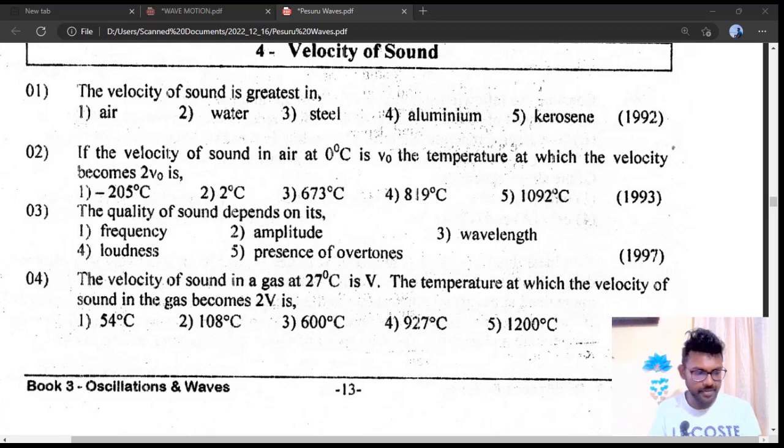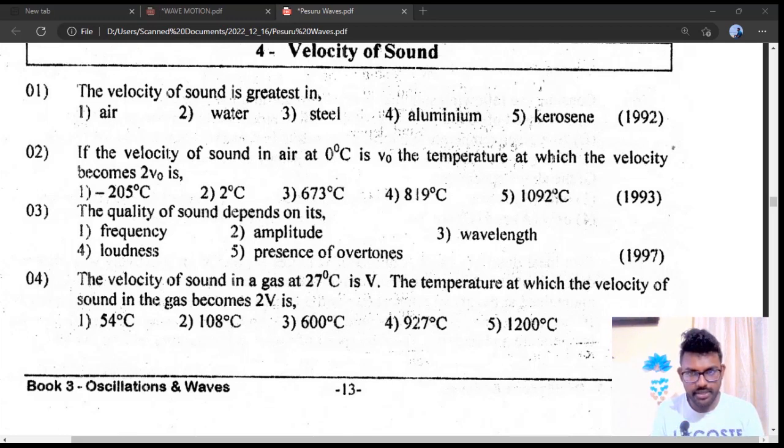Since we have limited time, it's better we do the past papers along with the theories that we discussed, because we might not get a chance to do these questions otherwise. But that's fine, we can refer to any book. The objective physics books I have shared with you, you can refer to as well.